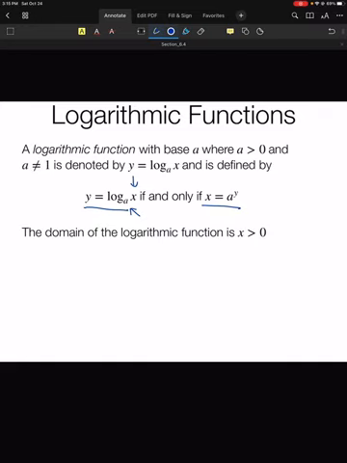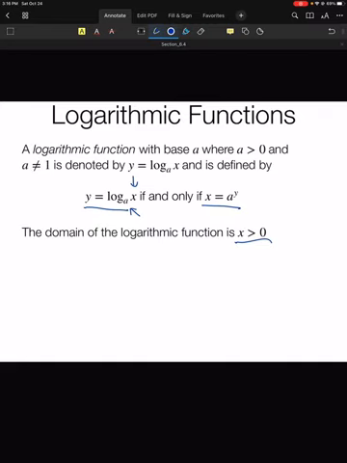An important point to keep in mind is that the domain of the logarithmic function is x greater than 0. By default, logarithms only exist when that input is greater than 0. That's an important point that we'll see a little later on.